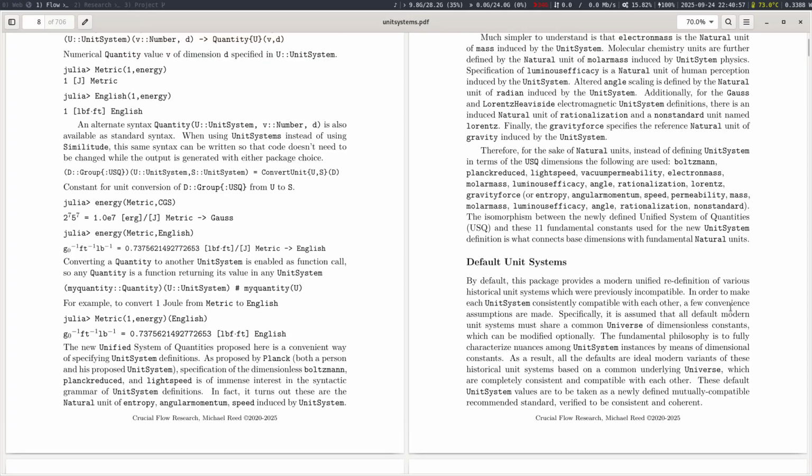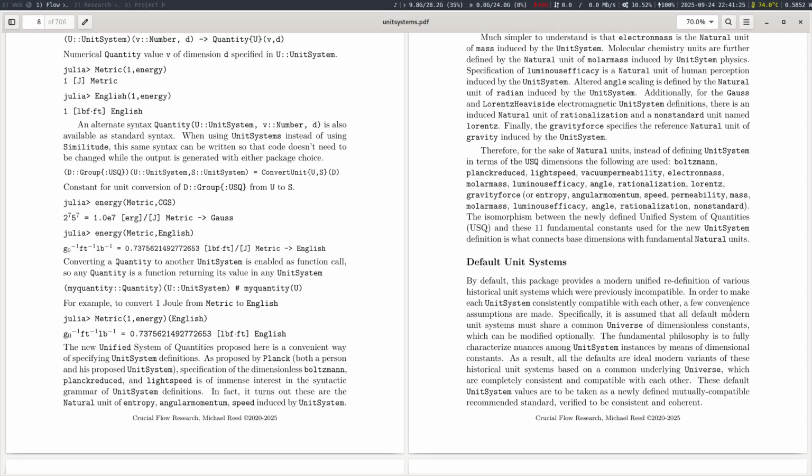By default, this package provides a modern unified redefinition of various historical unit systems which were previously incompatible. In order to make each unit system consistently compatible with each other, a few convenience assumptions are made. Specifically, it is assumed that all default modern unit systems must share a common universe of dimensionless constants, which can be modified optionally.